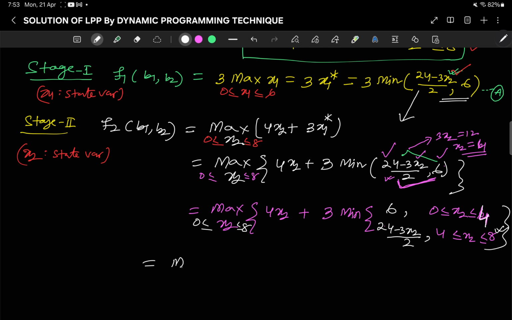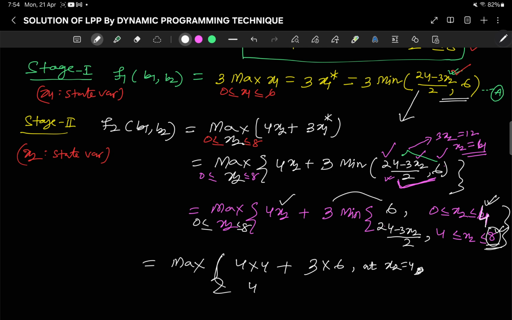So this is equal to the maximum of 4 into 4 plus 3 into 6, at x2 equal to 4, or at x2 equal to 8 it will be 4 into 8 plus 3 times 0.